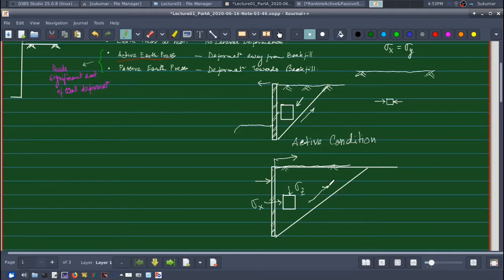So this is my movement of the failed soil mass, and in this case my soil resistance, shear resistance, will act downward. And this condition is called passive condition.